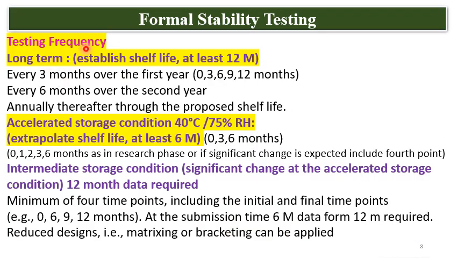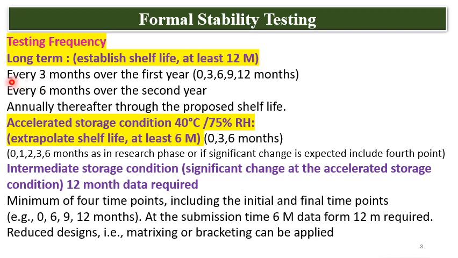Then coming to the testing frequency. So all these 3 batches are required to be loaded on long term, accelerated and intermediate storage conditions. So for long term, establish the shelf life. This long term condition is required to establish the shelf life, and at least 12 months is the requirement.